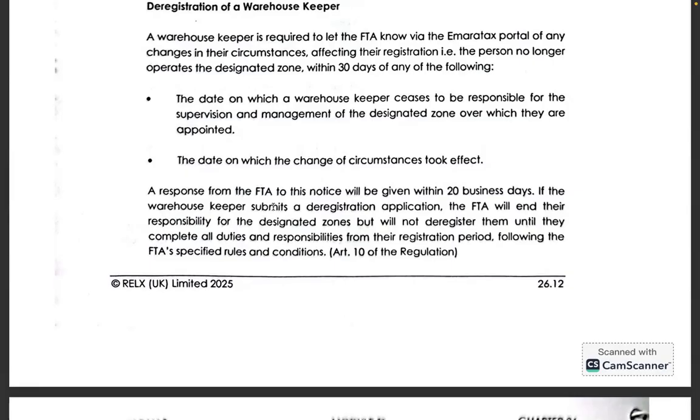If the warehouse keeper submits a deregistration application, the FTA will end their responsibility for the designated zones, but will not deregister them until they complete all duties and responsibilities from their registration period, following the FTA's specified rules and conditions.